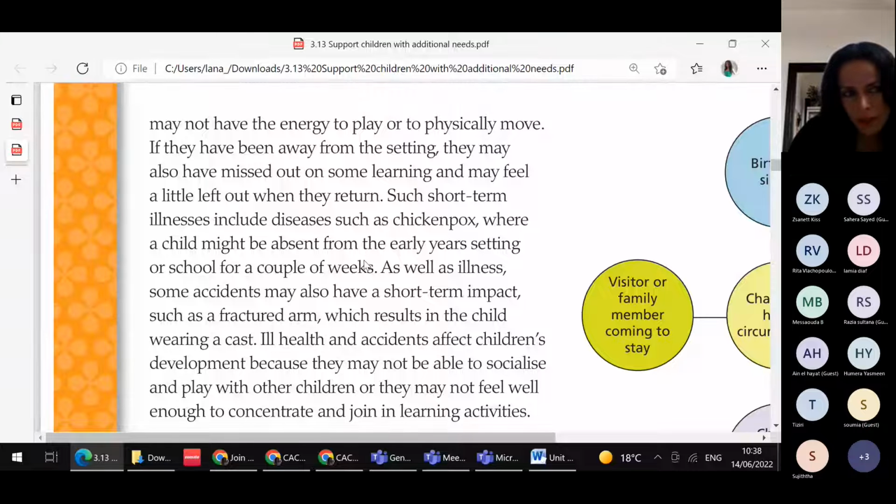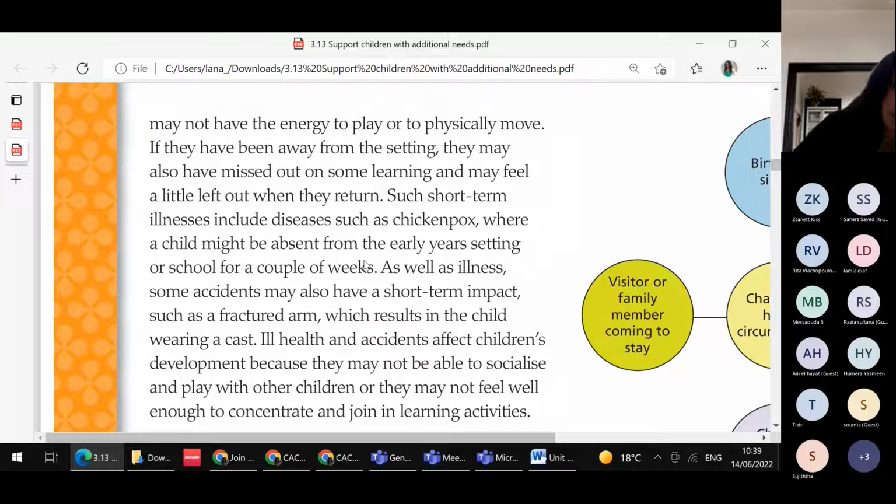Very good. So let us say the child has got asthma. Let us just take something simple, illness, in a short term. How would that affect the child? The child wouldn't have enough energy to play. Their social development will suffer. They might not be able to move if he's ill.